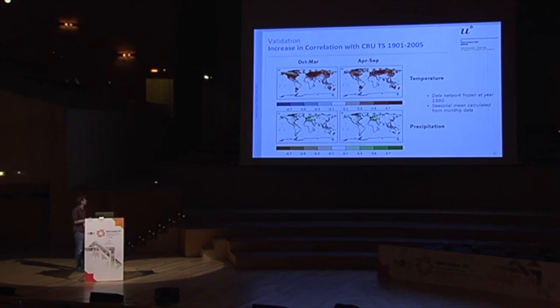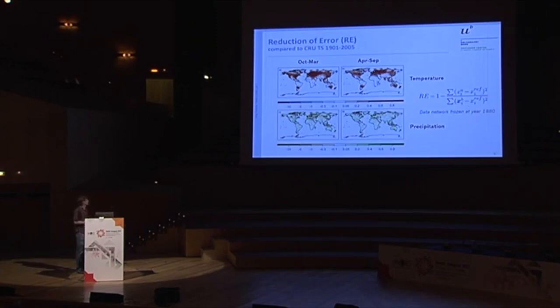And you see that in the northern hemisphere, we can gain up to 0.7 in terms of correlation coefficients for temperature. Clearly less for precipitation, but in nearly all locations, we can increase at least the correlation between the precipitation of the original simulations and our reanalysis product.